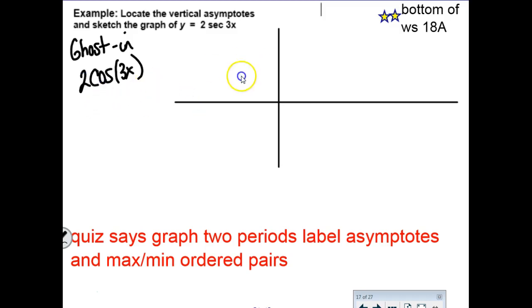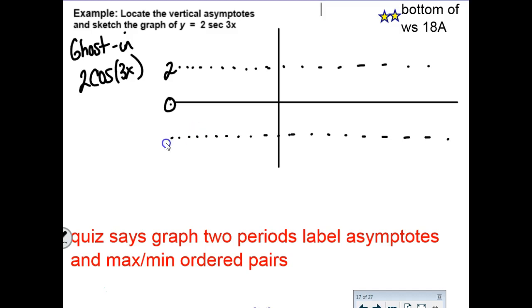So you have an amplitude of 2. Now don't go crazy with these amplitude lines, guys. There's no vertical shift, so midline is still at 0. Your max line is going to be at 2, and your minimum line is at -2. The reason I don't want you to make them super large is because you're going to have to graph above and below these max and min lines in a minute, so don't make it too huge.